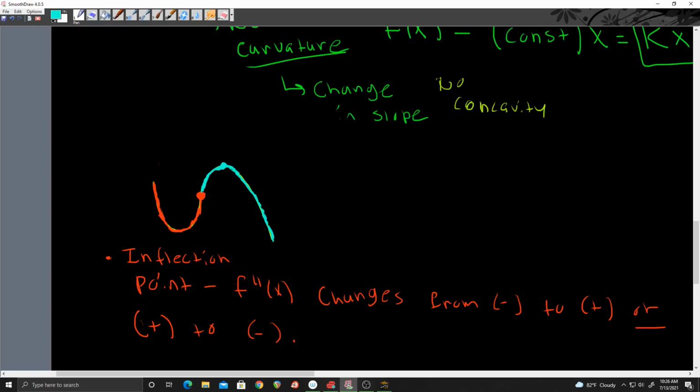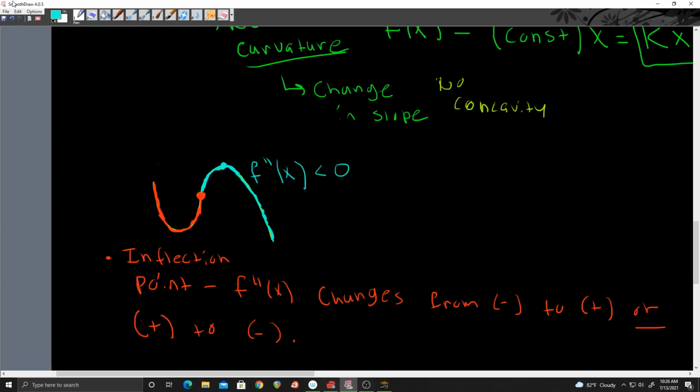So in other words, as I go from left to right, from the inflection point, the slope is becoming more negative. We start out pretty steep positive, and then we are just getting closer to zero and then negative. So we're getting more negative the whole way. So for the blue portion here, the second derivative is negative.